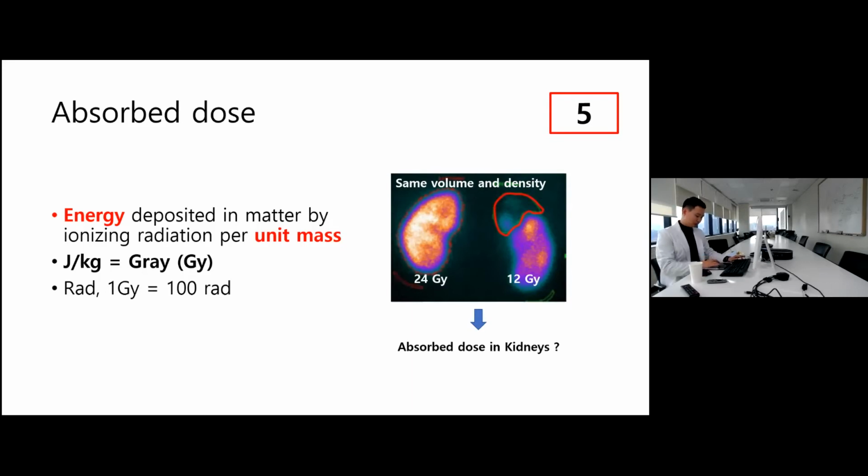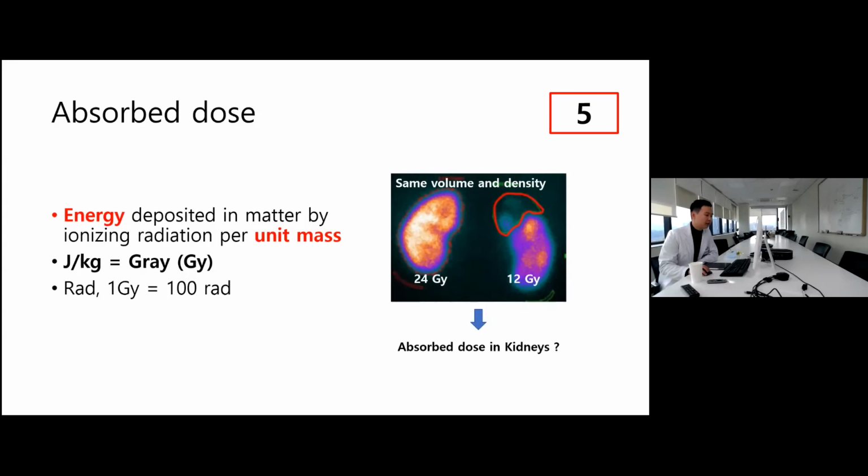The most common answers were 24, 12, 24, and there was also 36. So what is the absorbed dose in the kidneys? Let's assume both kidneys have the same volume and density, which means both kidneys have the same mass.